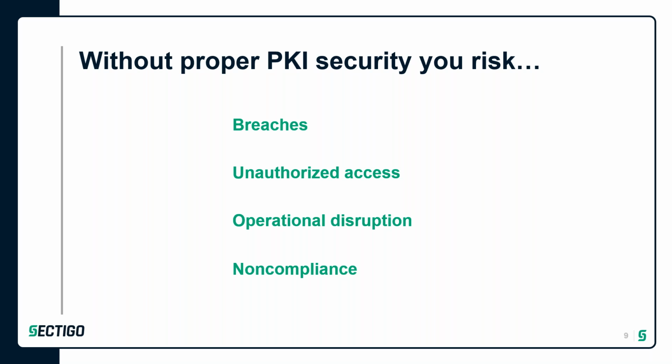Well, the top one on your list: breaches or unauthorized access. If you think about a certificate authority, if the bad guy is able to somehow get control of that, and if your CA is just some open source thing that's underneath a desk or wherever it happens to be running, even if it's just in the cloud, how are you protecting that?